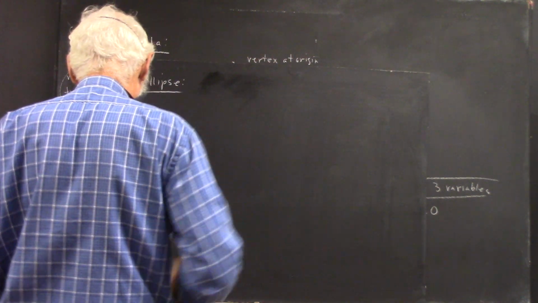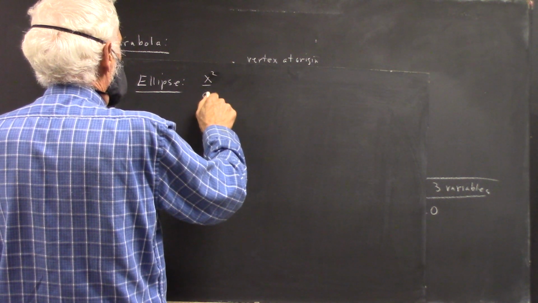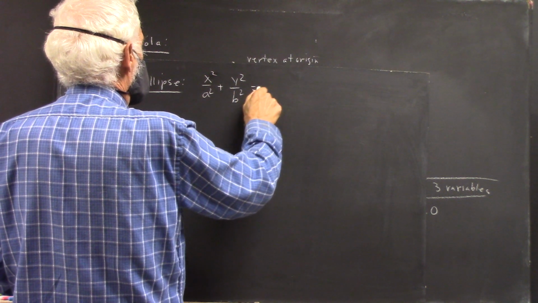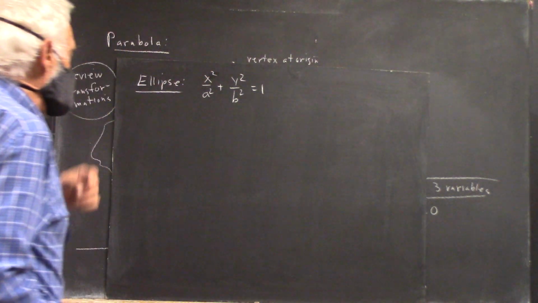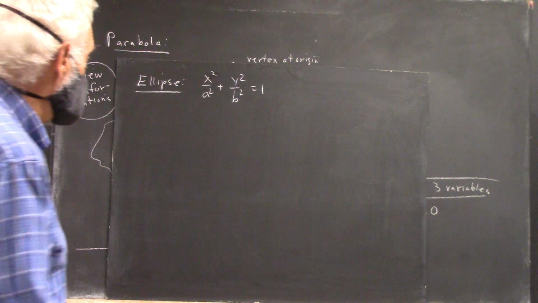Standard form. Ellipse has a form x squared over a squared plus y squared over b squared equals 1.